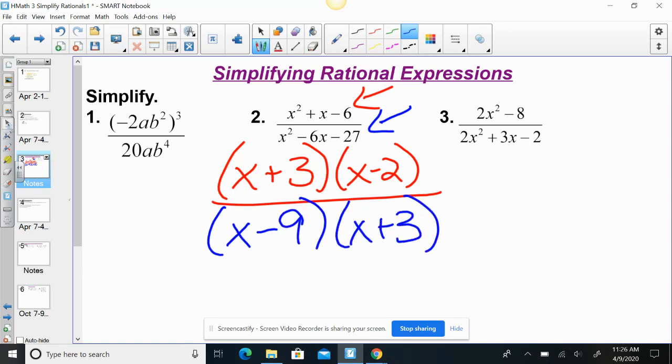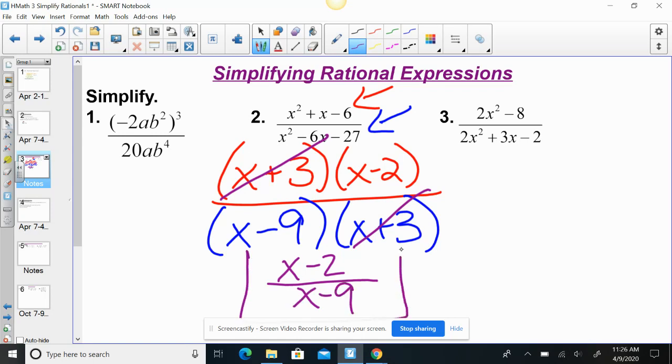Step 2, look for any common factors. Common factors are going to be the same exact polynomial on the top and the bottom. So these x plus 3's can cancel out, and I'd be left with x minus 2 over x minus 9. That is my answer. I cannot cross out those other x's because they're glued together by that subtraction sign. I would only be able to do that if they were exactly the same.